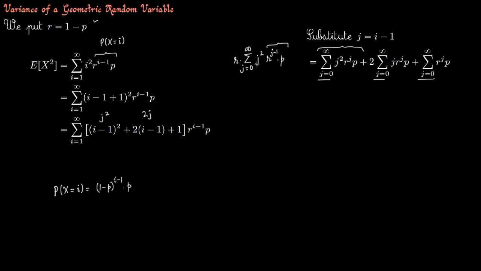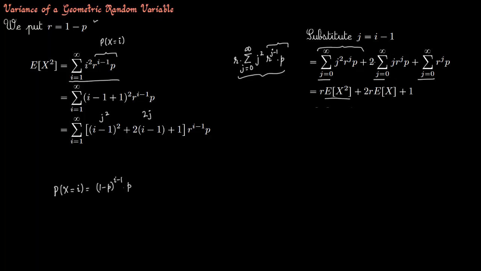Instead of j, you could have written i here, that does not matter. It is exactly the same as this one, because j equals 0 does not matter: you put in 0, you get multiplied by 0. So you could have changed the index, and this is the same as expectation of X squared.